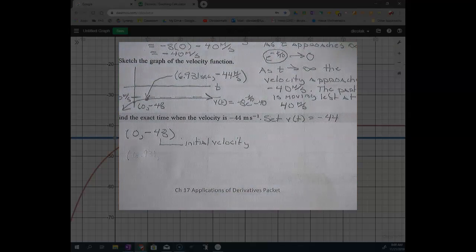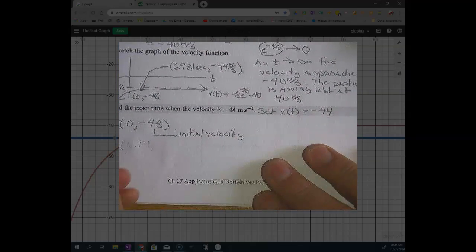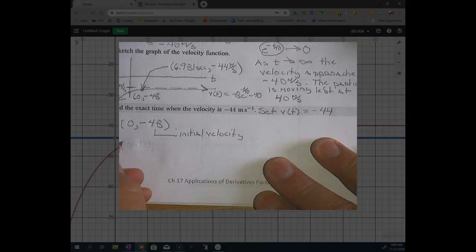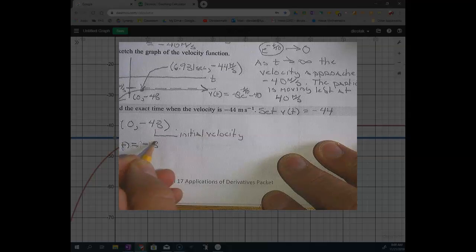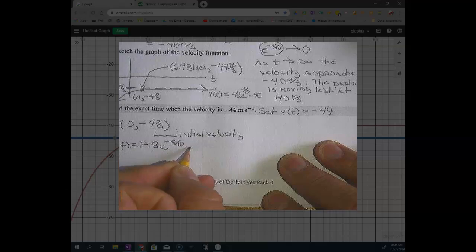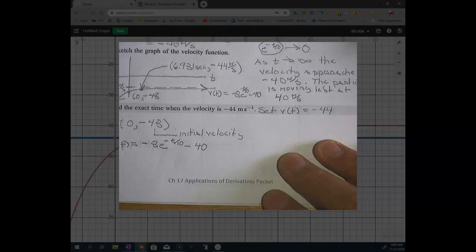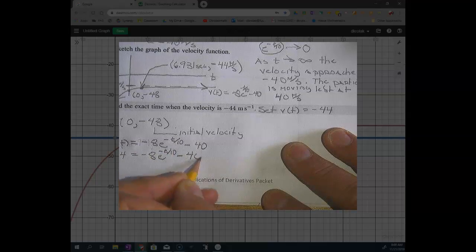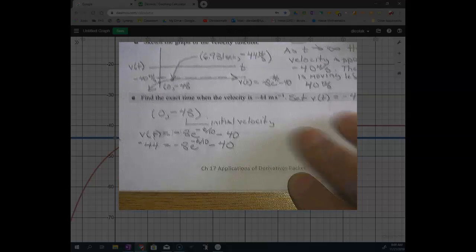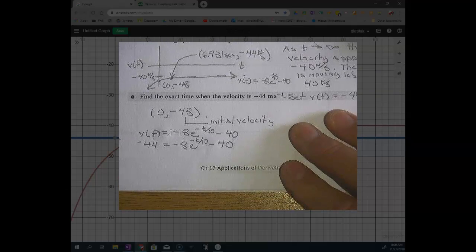Over here, here's v of t equals negative 8e to the negative t over 10 minus 40. Now I'm going to take out v of t and put in negative 44. Now we've got to solve that. What would we do?